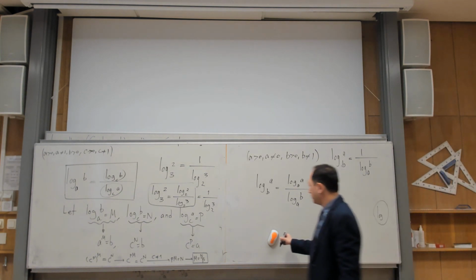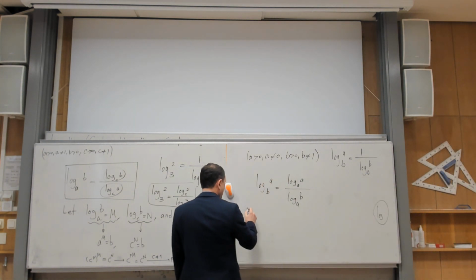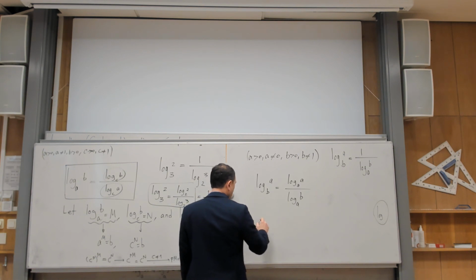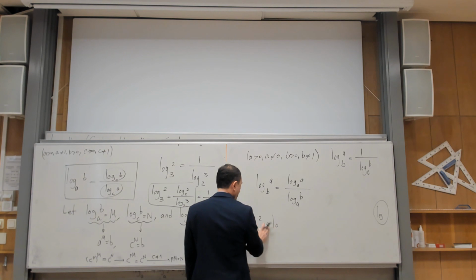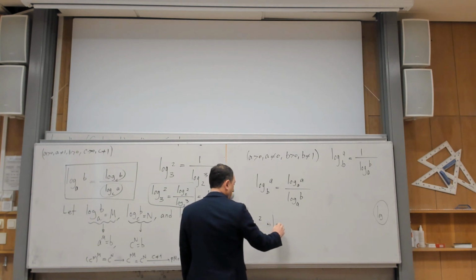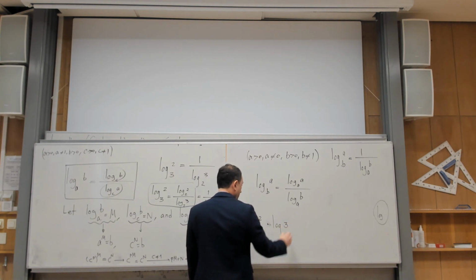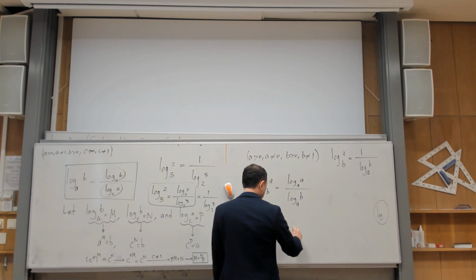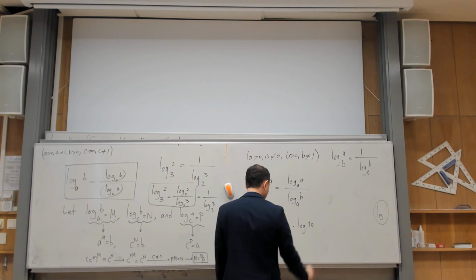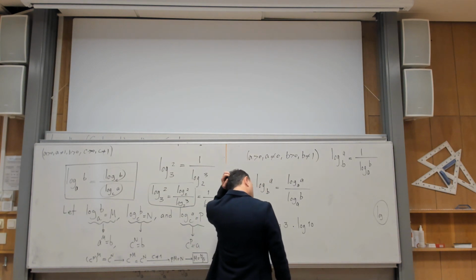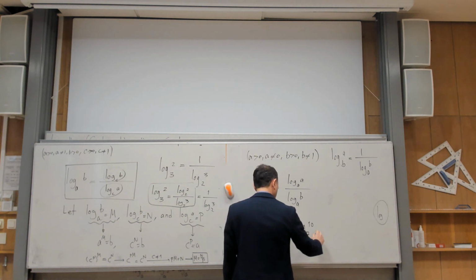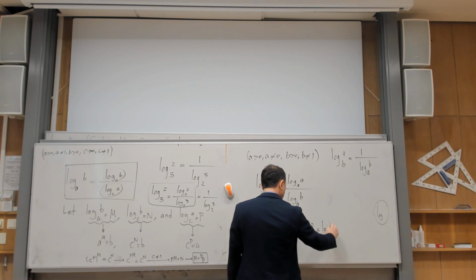But let me ask you one question. What is this? Log of 2 base 3 multiplied by log of 3 and then times log of 10 base 7. Can I write this as log 2 base 7?